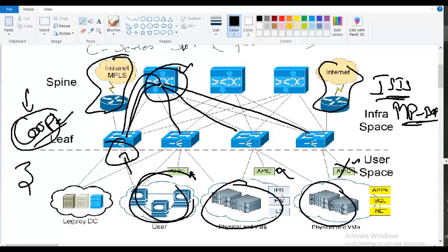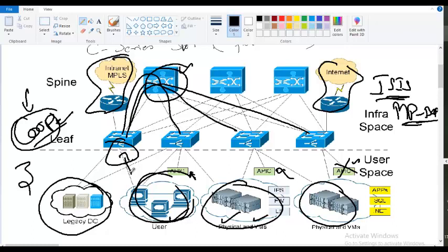Now the leaf switches are where the servers connect. You see we have physical servers, we have VMM servers, we have end user hosts, we have other existing databases connected. Actually, we call these domains. Various types of domains are connected to the leaf only.